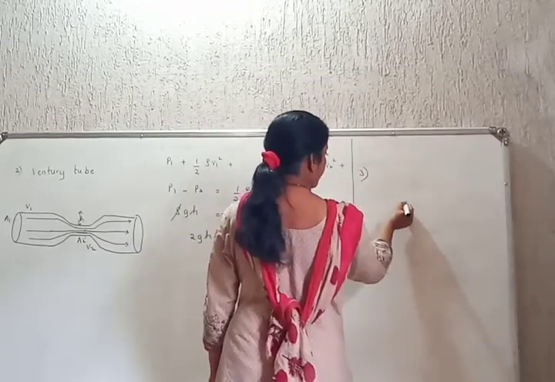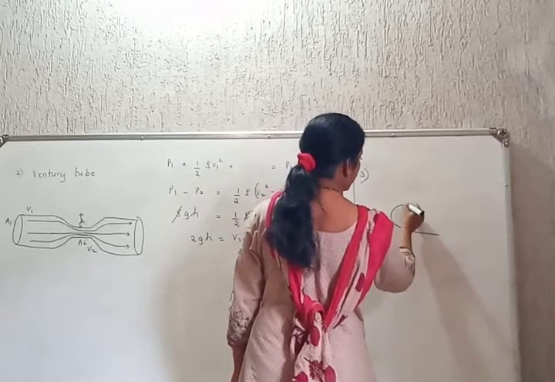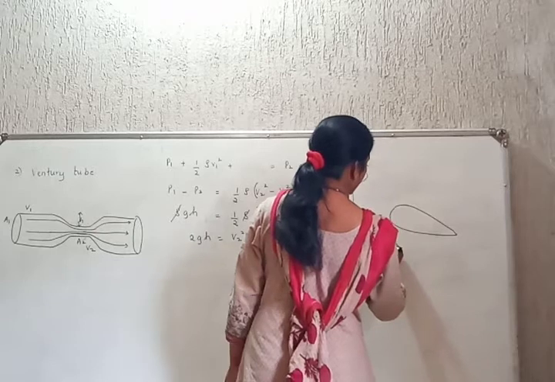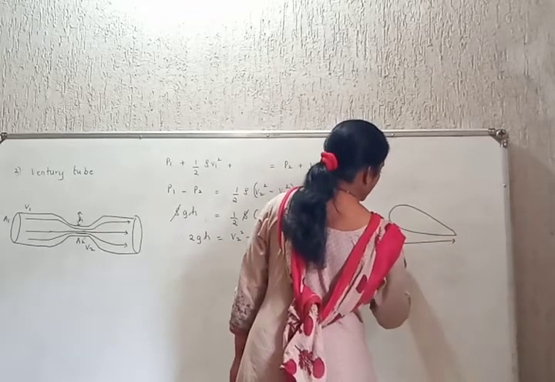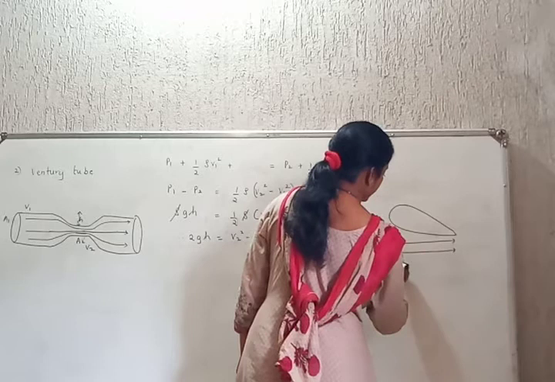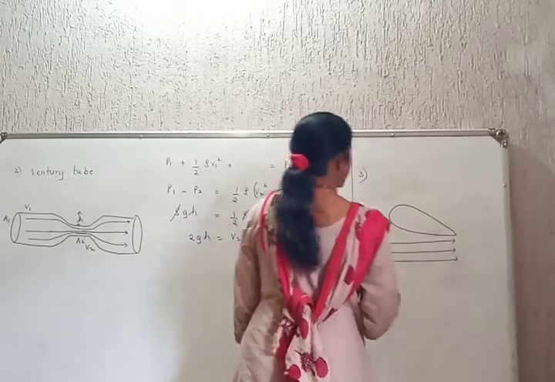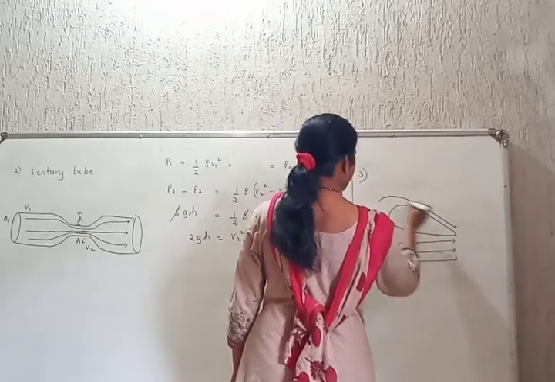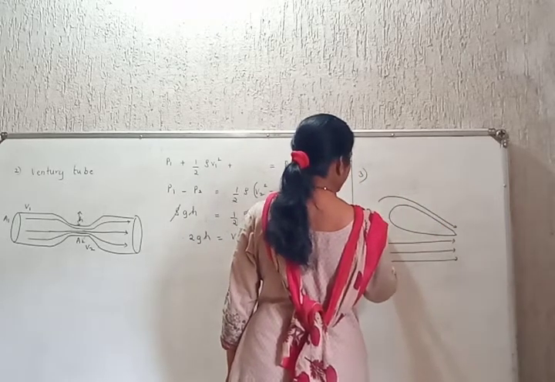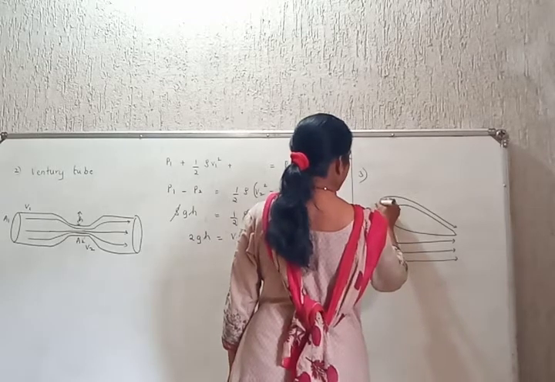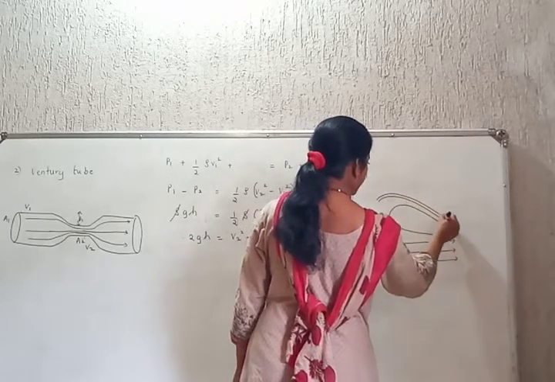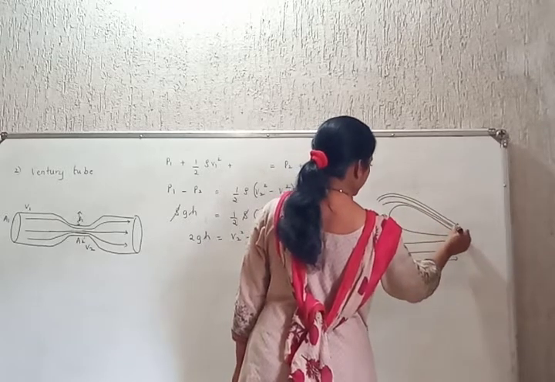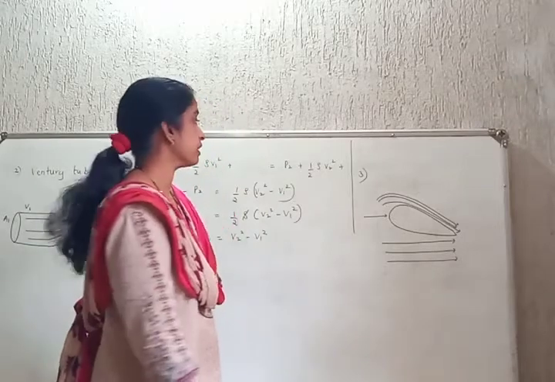Students, look here. This is the wing of the aeroplane. This is the streamline flow of air. Understood, students?